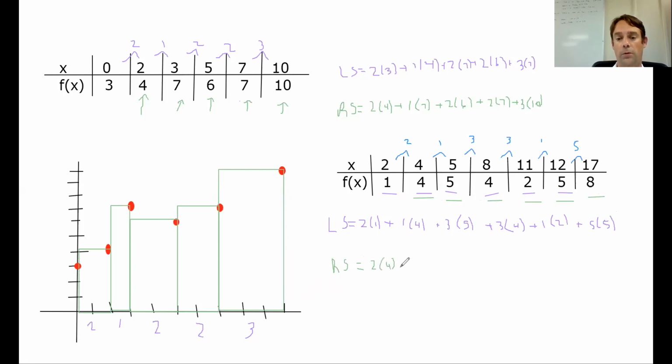Adding up a whole bunch of areas, base times height.